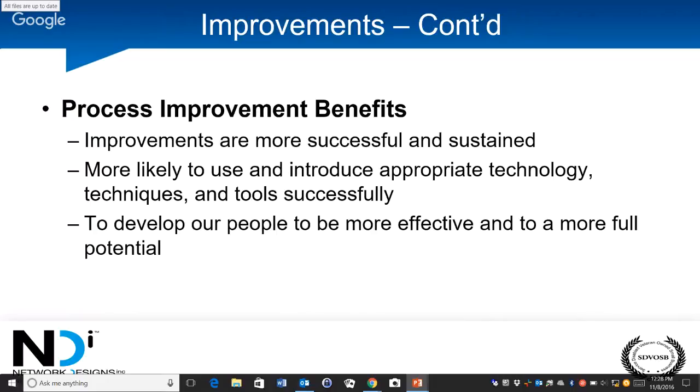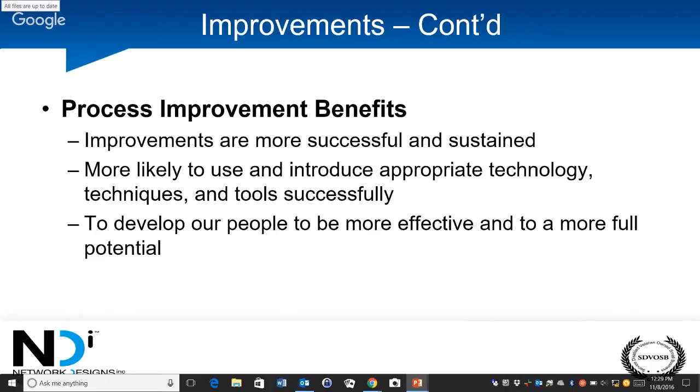And are these the right tools that we need to be successful in this project and as a company? So CMMI allows us to evaluate ourselves in that way so that we can do those things to the best of our ability. And it is also to develop our people to be more effective and to have more full potential.